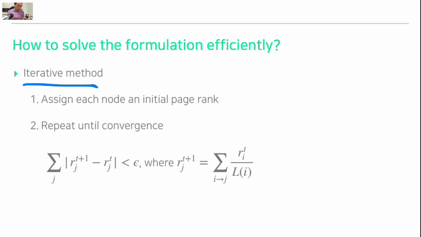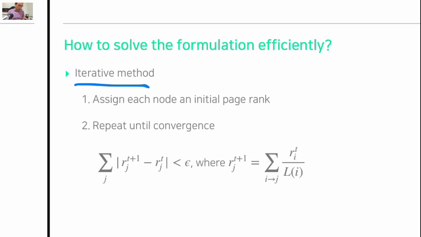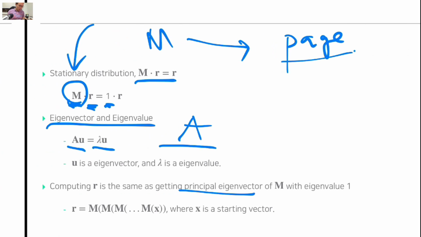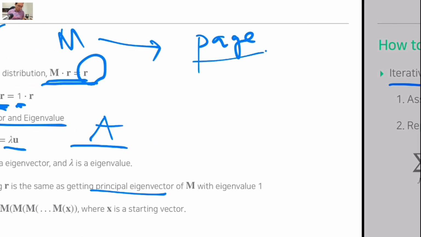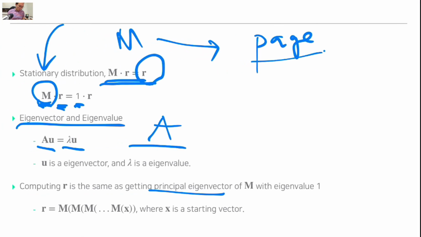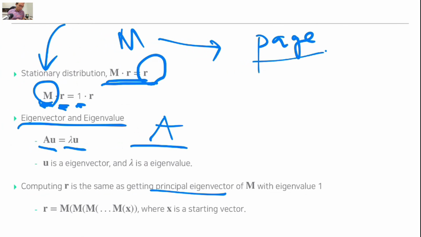We said that we're interested in this stationary distribution, the stationary state of the matrix R. But to get this stationary state means we multiply the matrix M and still get a similar R.